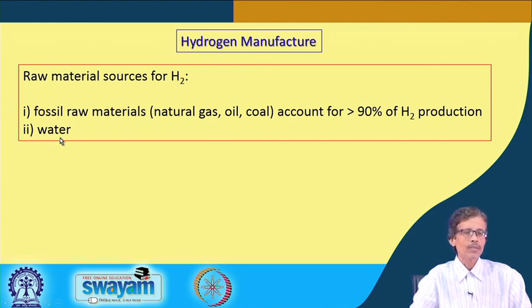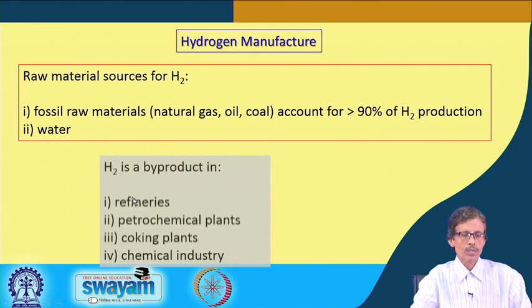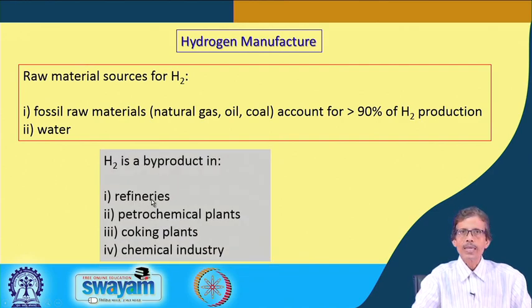Similarly, we can get this from the water. So, fossil raw materials can be utilized for hydrogen production and water for the electrolysis, and in some other cases, not from the direct hydrogen manufacturing process.